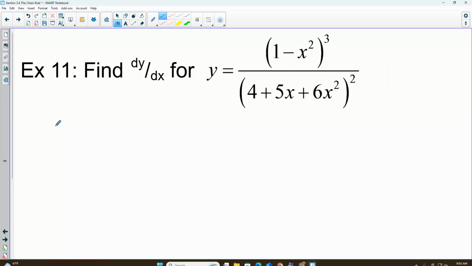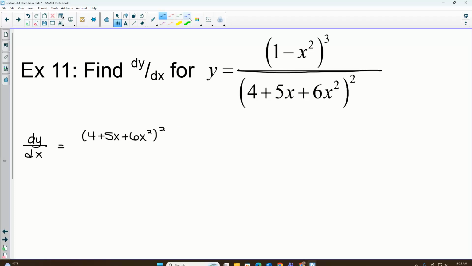All right, let's try this one. What will I have to do here? Quotient rule. So my big thing is the quotient rule. And within that, we'll have to do our chain rule. So quotient rule, low d high.